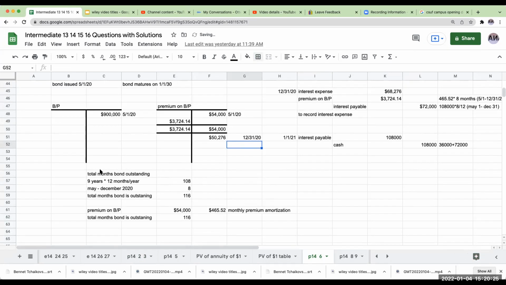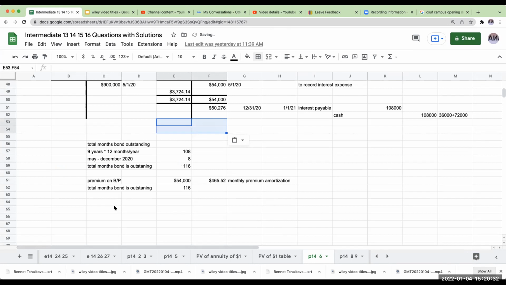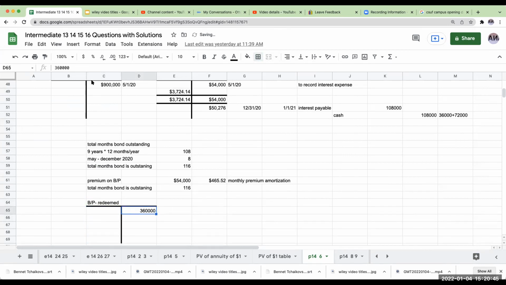Because I'm redeeming part of these bonds, I'm going to split this up into 2 different T accounts. I'm going to show my bond payable that I'm redeeming, and this is going to be 360,000.